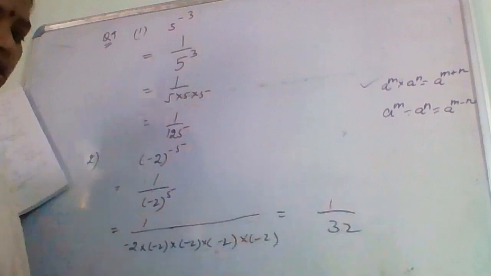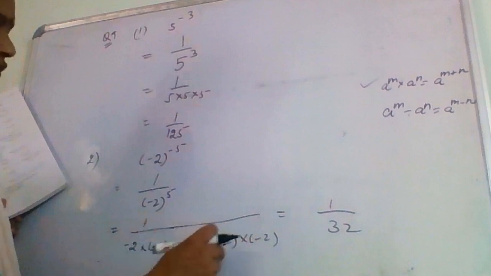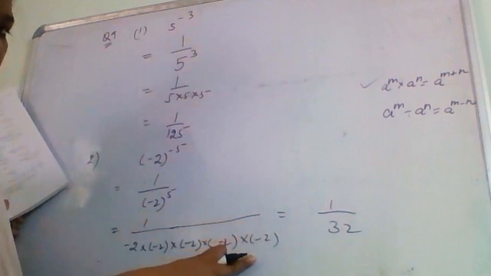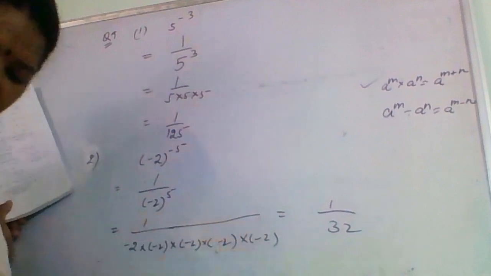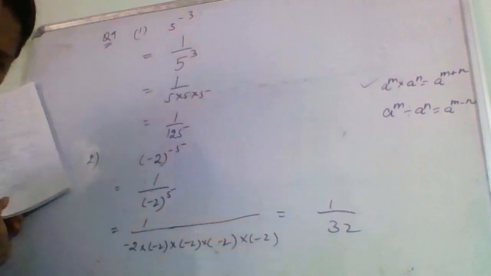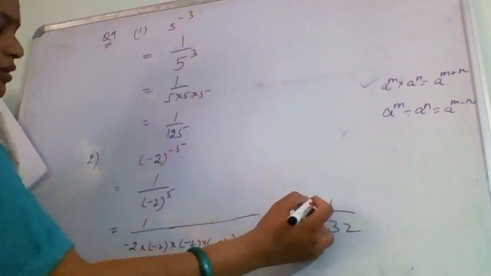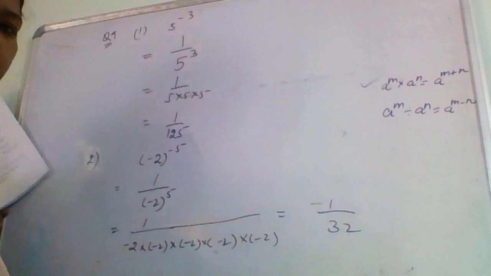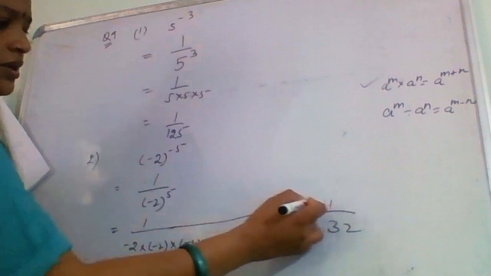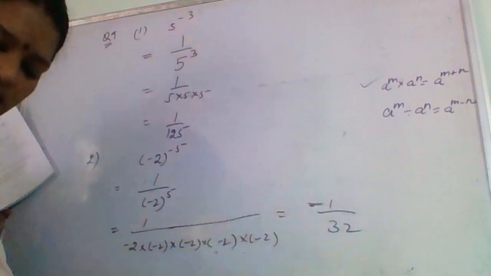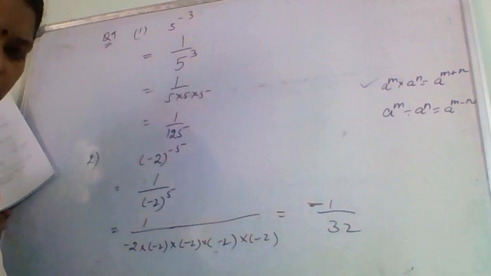And now the negative part, 1, 2, 3, 4, 5, because odd number of terms are there. So what I do is minus 1 by 32. Right? So this is how we do our questions.